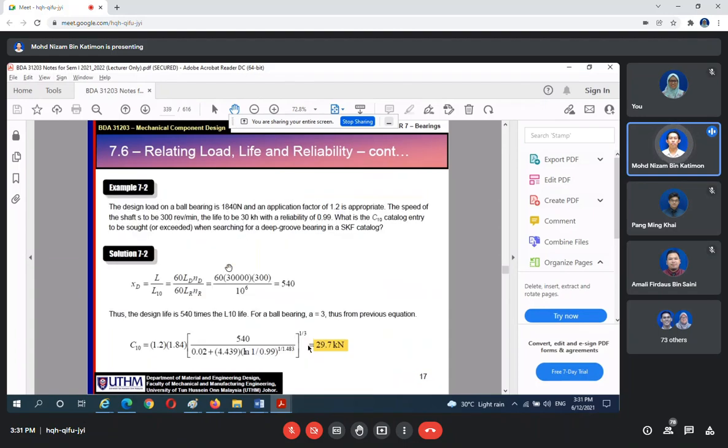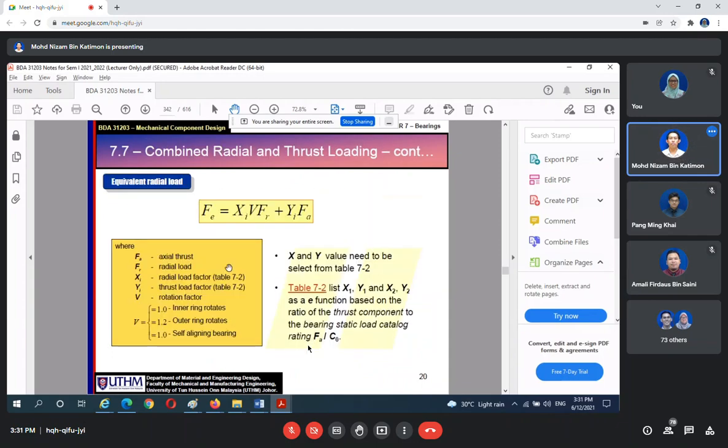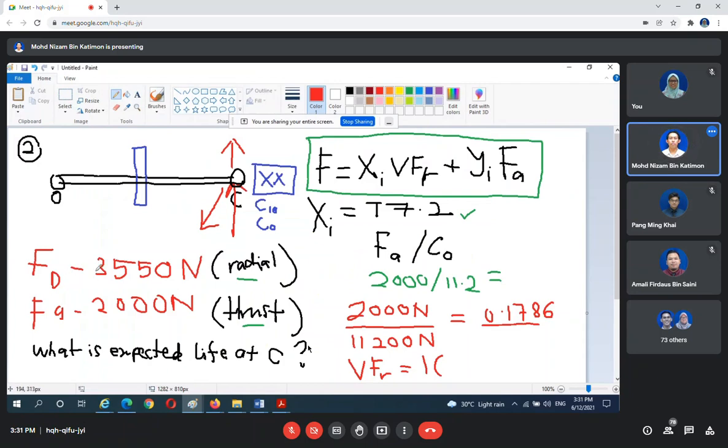In our case, FR is the radial load, so it is 3550 Newton.